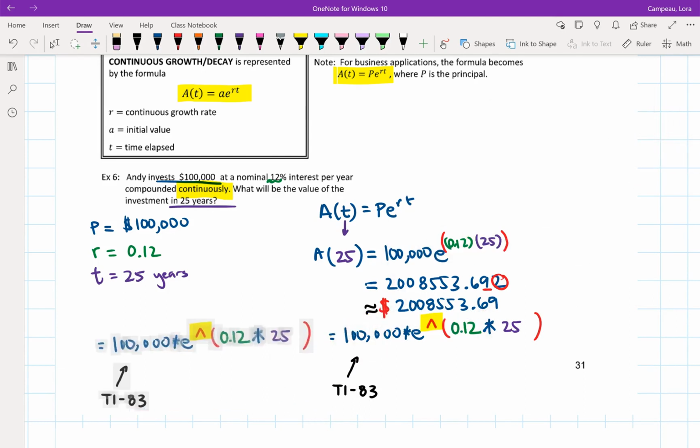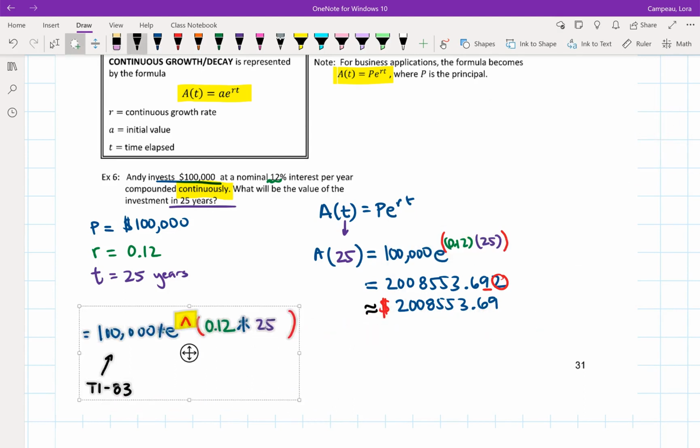But if we're going to say this out loud, using the commas to represent the periods of all the numbers, if you invest $100,000 and you have a 12% interest per year compounded continuously, you end up with a final amount in your account of $2,008,553.69. So not bad.